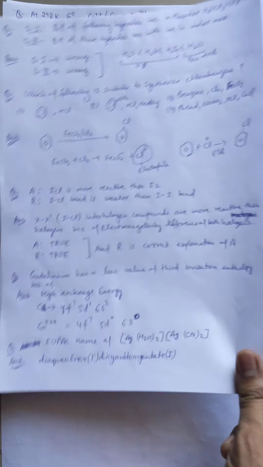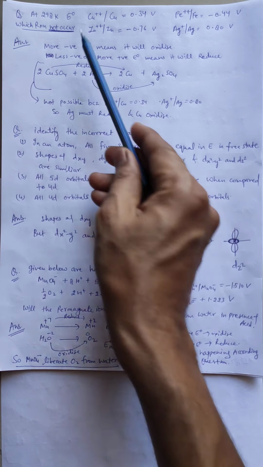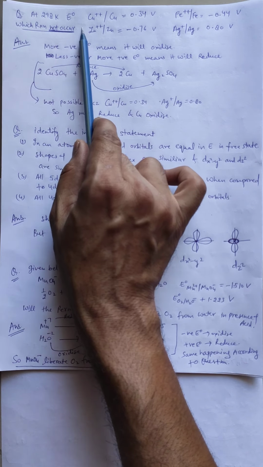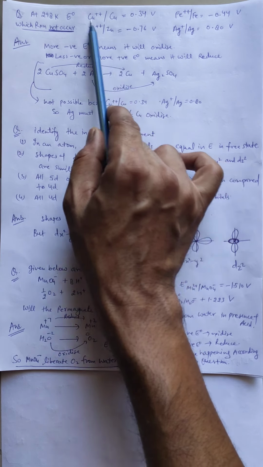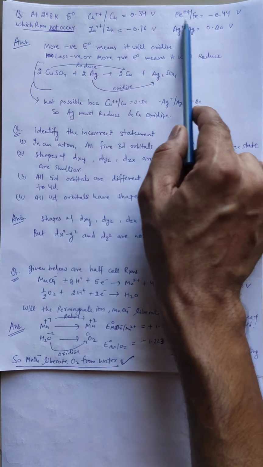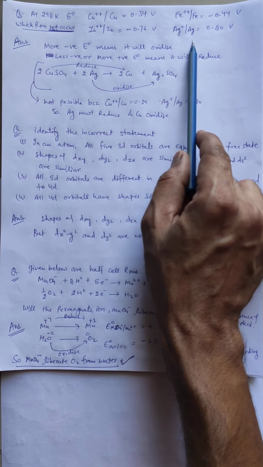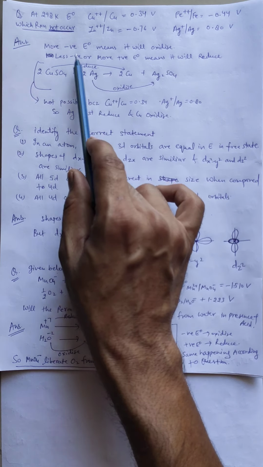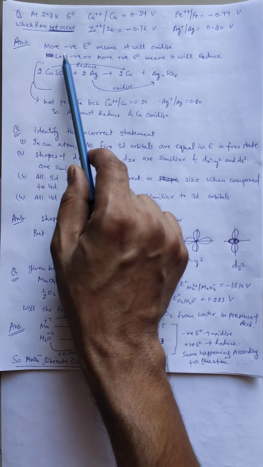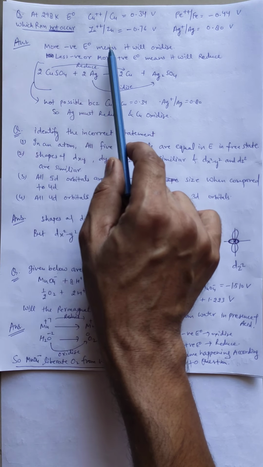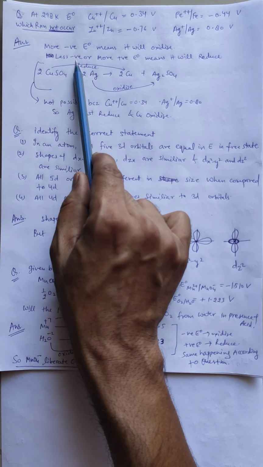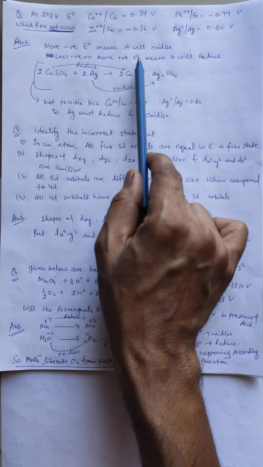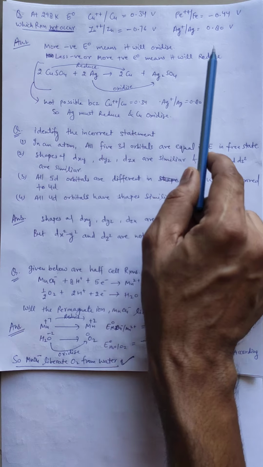Now the next question is, at 298 K, E naught values are given: Cu2 positive reduction of copper, reduction of zinc, reduction of iron, reduction of silver are given. So in this, more negative E naught means it will oxidize, and less negative or more positive E naught means it will reduce.